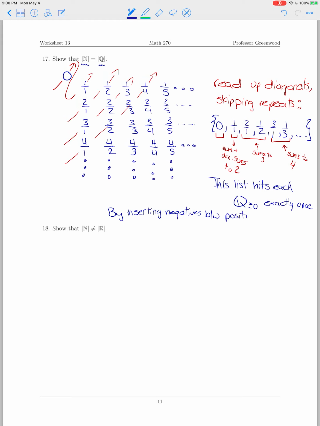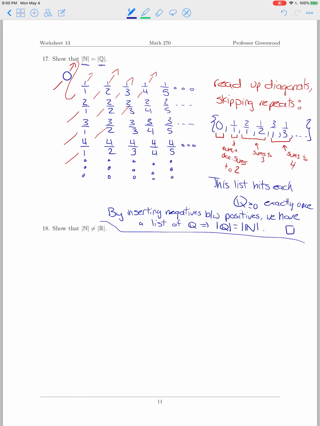And so if I insert those negatives between the positives, we have a list of q. And so that list of q implies that the size of the rationals is the same as the size of the naturals, at least in terms of cardinality.